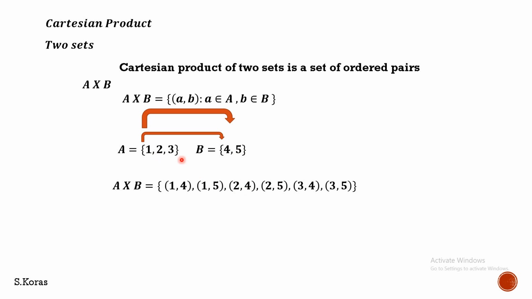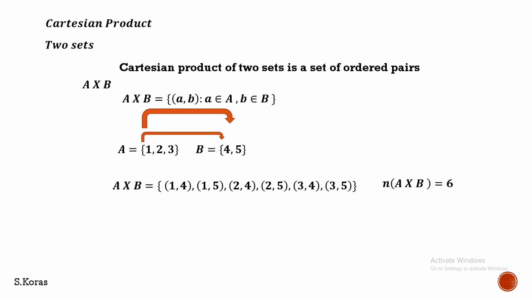After that (3, 4) and (3, 5). This is what A cross B is. It's very, very simple. Now if you try to find how many elements are inside this A cross B, there are 6 elements: 1, 2, 3, 4, 5 and 6. So n of A cross B is nothing but 6.